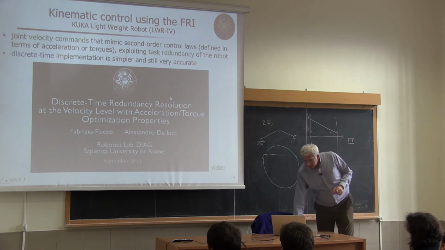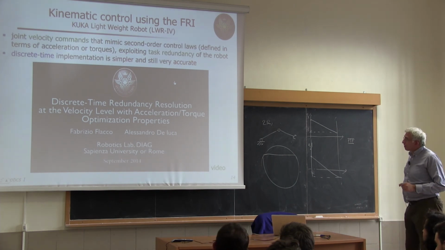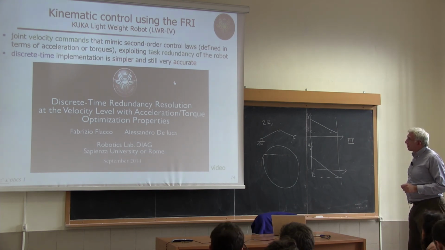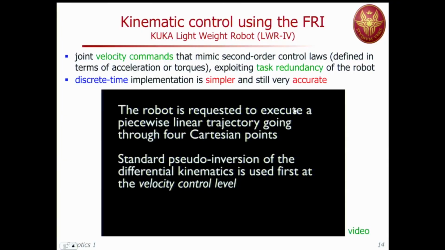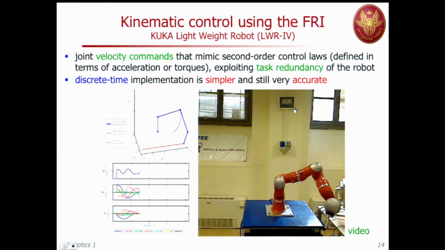Okay? So this video shows a task. First, a task where we're commanding velocity. It should go through 4 points, so start from here, go here, and then stop here on top.